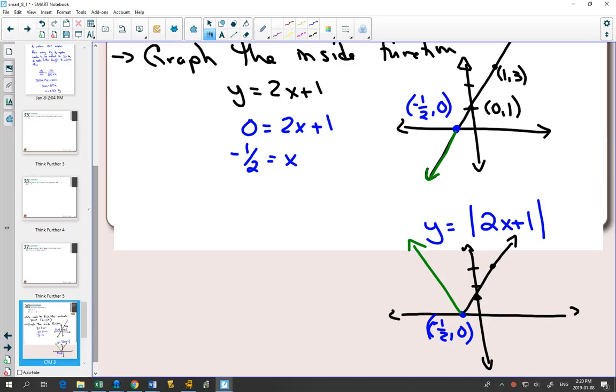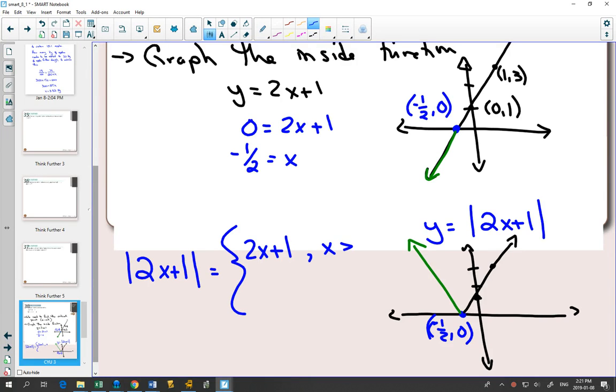So when we want to write this as a piecewise function, we can say that the absolute value of 2x plus 1 is equal to 2x plus 1 when it was positive. Nothing changed. When did that happen?